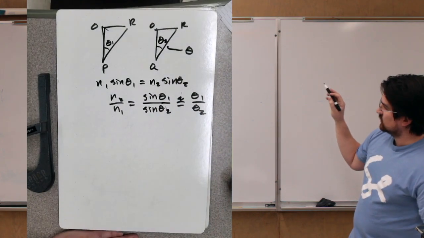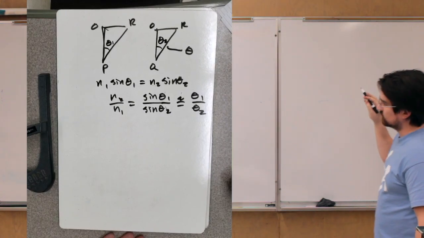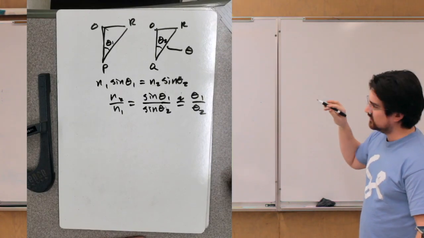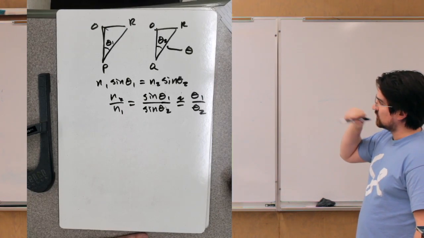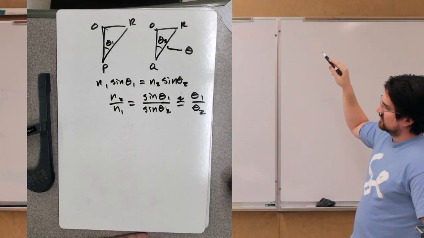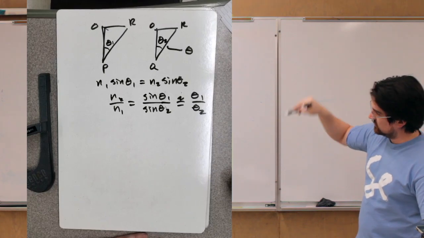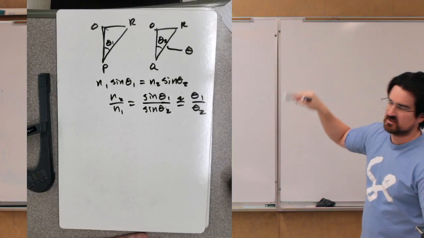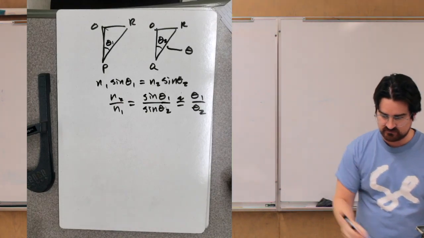Looking at the triangles, we can use some trigonometry to relate these angles and side lengths. We take the tangent of both of these angles, and the tangent is the opposite over the adjacent side, so OR over the adjacent side, which for one triangle is the height of the object and for the other is the height of the image.